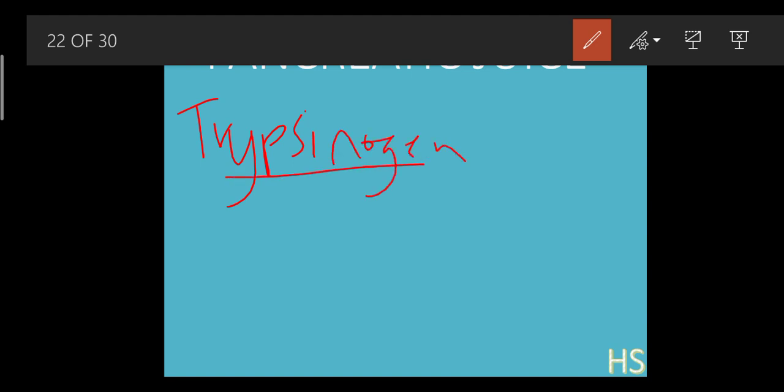Second, what is the function of the trypsin? We know that part very well. The trypsin will work upon proteins, but the trypsin is not going to work directly. There is trypsinogen. What is trypsinogen? It's an inactivated enzyme.